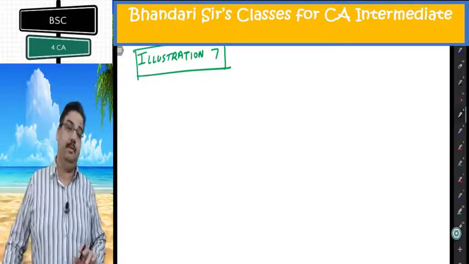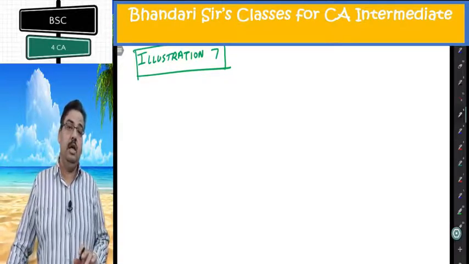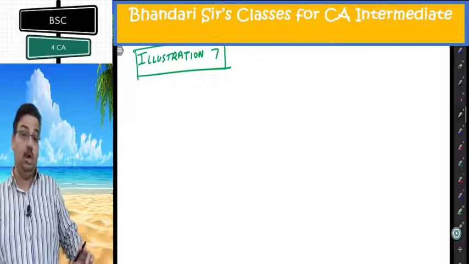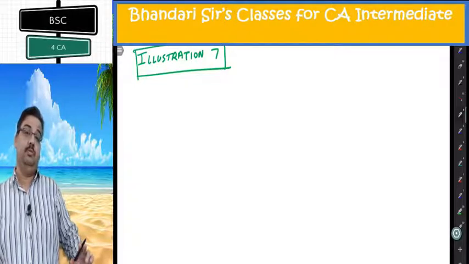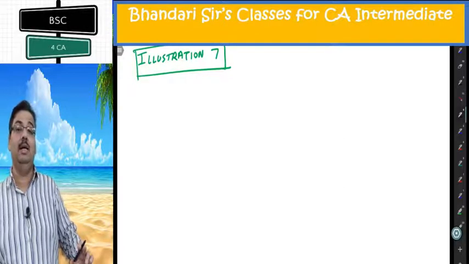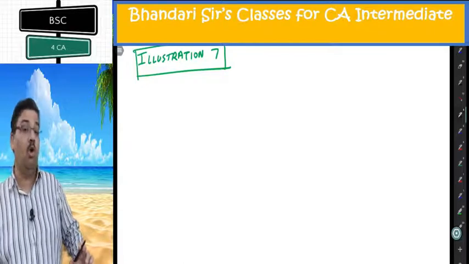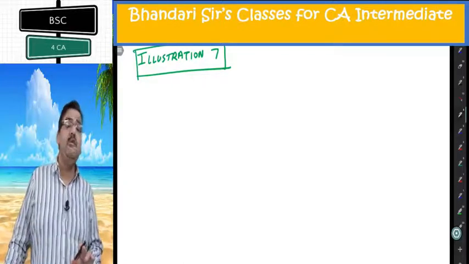What is he wanting? If you are making production batch size of 4,000, what is total cost? 5,000, 6,000, 7,000, 8,000, 9,000, 10,000. For all these 7 options, he wants you to calculate total cost. Which total cost?